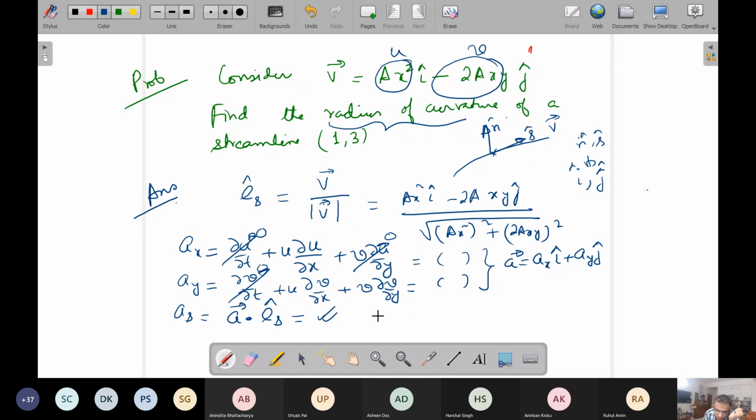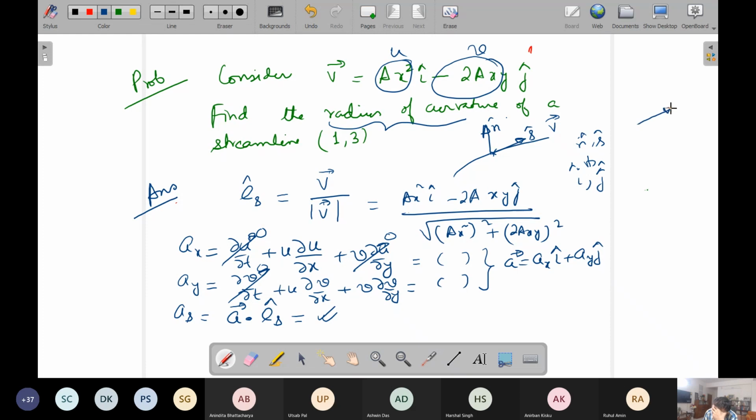So what will be the acceleration along N? This is actually not required, I'm just writing it. What will be required is the acceleration along N. For that, you will require the unit vector along N. How will you calculate the unit vector along N? Very interesting.